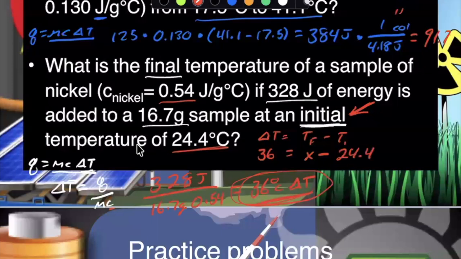So therefore 36 equals X minus 24.4. And so X equals 60 degrees Celsius. This is the rounded answer, 60. Okay.